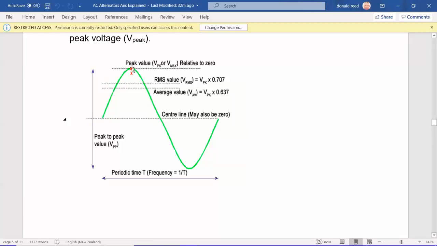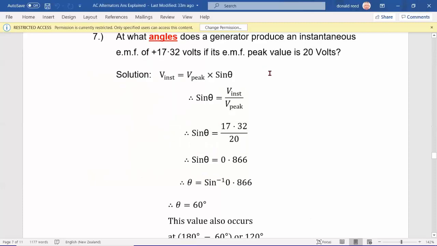So if we've got 150 volts up there, we've got in between 1 and 150 volts up to there, and when it starts going down, we have between 150 and 1. So at what angles does the generator produce an instantaneous EMF of 17.32 volts if its EMF peak value is 20 volts?